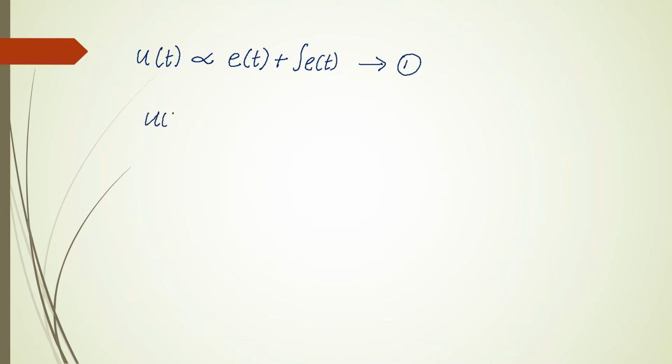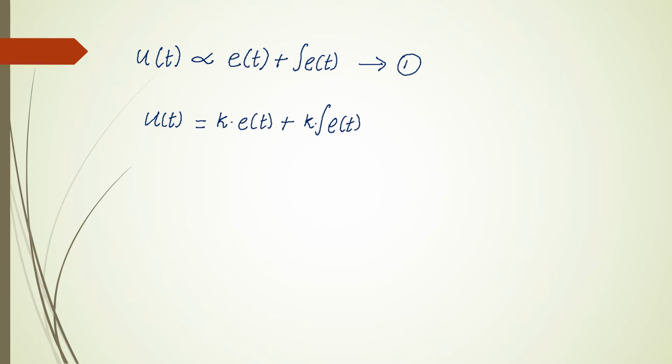Therefore, U of t can be written as U of t is equal to k dot e of t plus k dot integral of e of t.